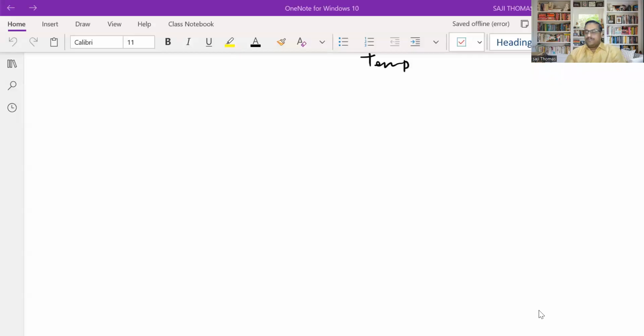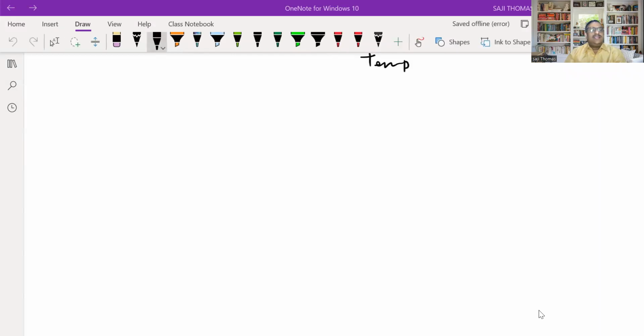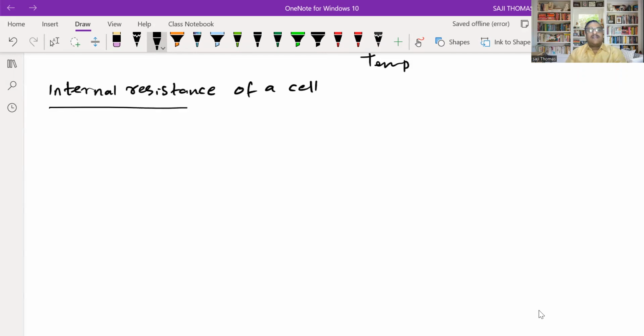Internal resistance is usually represented by the small letter r. Capital letter R we use for an external resistor. Internal resistance of a cell is represented by small letter r.